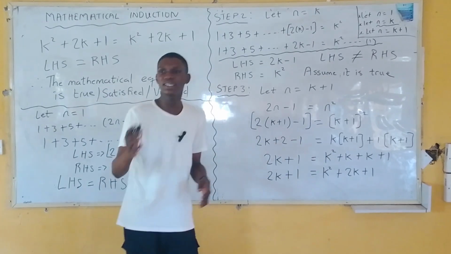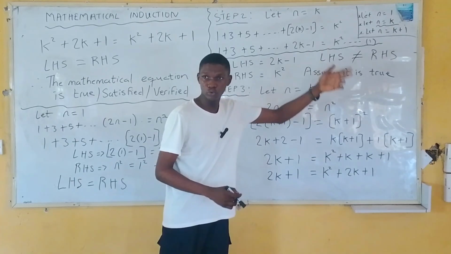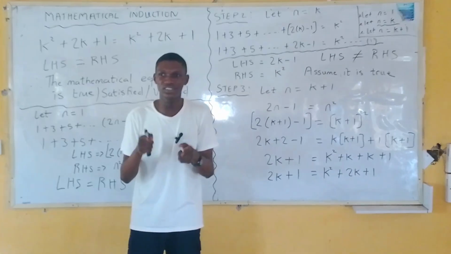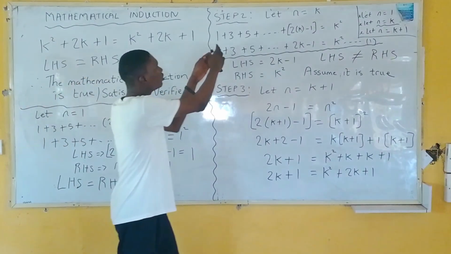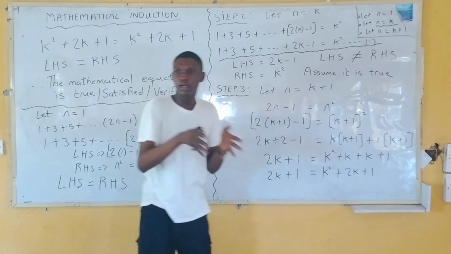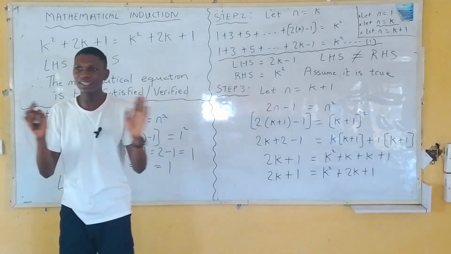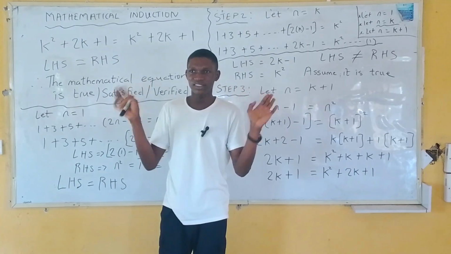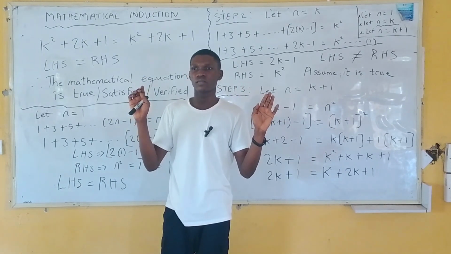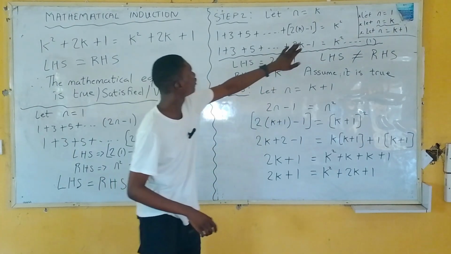But since we already know that all this, 1 plus 3 plus dot dot dot 2 open bracket n minus 1, is equal to k squared, we don't need to input all this into our given mathematical expression again. So we can use it as k squared. That's it. Why are you still writing that plus 2k plus 1? This 2k plus 1 is from here now.